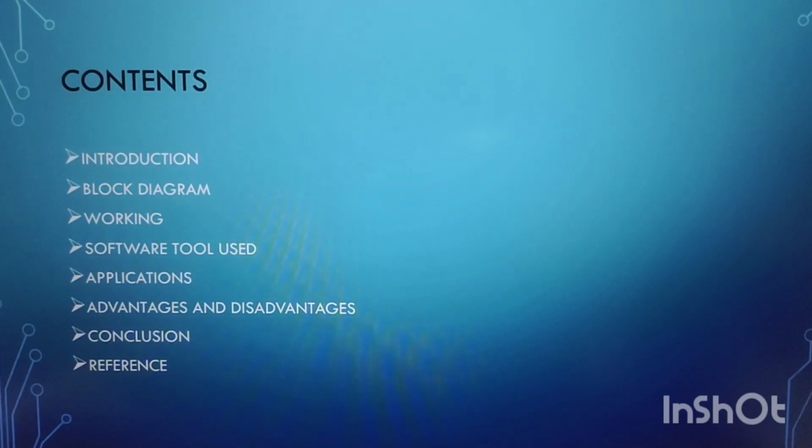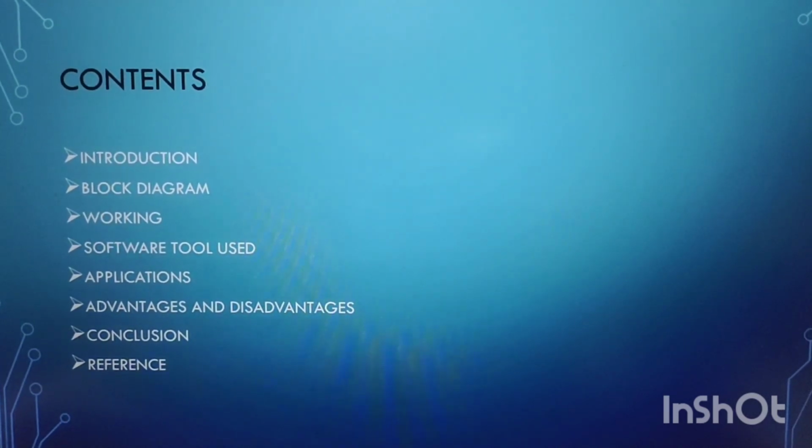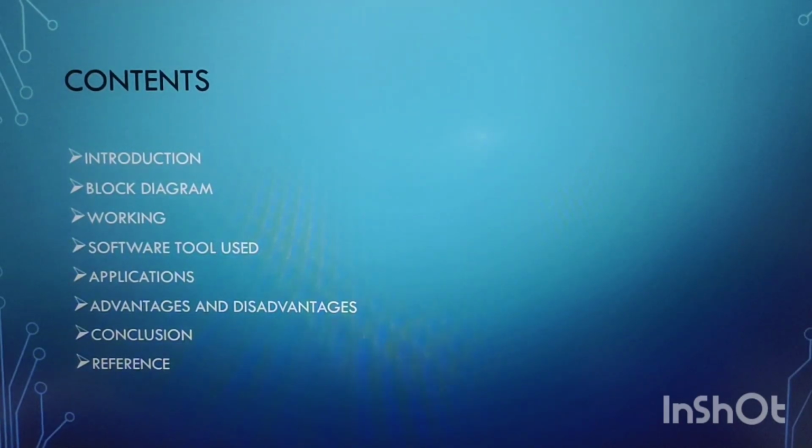After doing all these applications, we can come to a conclusion. We completed the project about the microwave oven. After using the software tools, working process and block diagrams, we need to understand them. This is the conclusion.